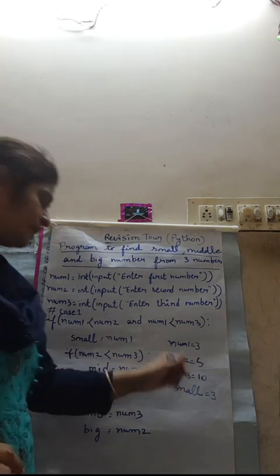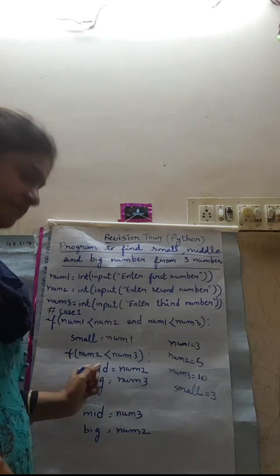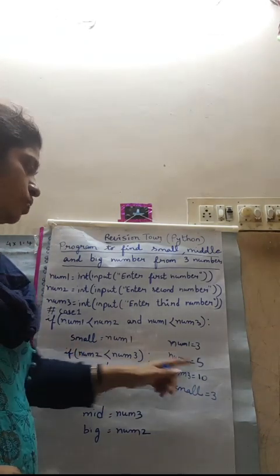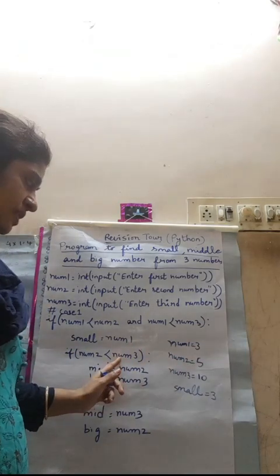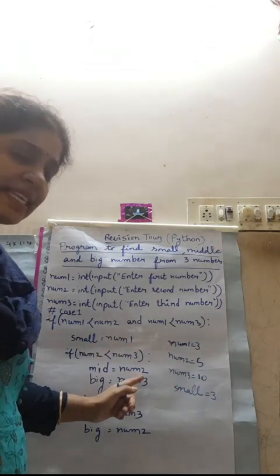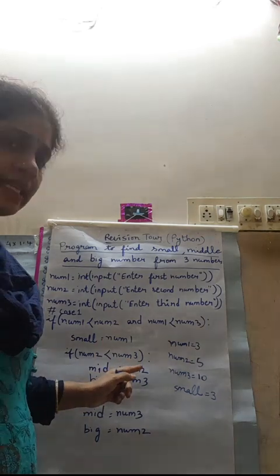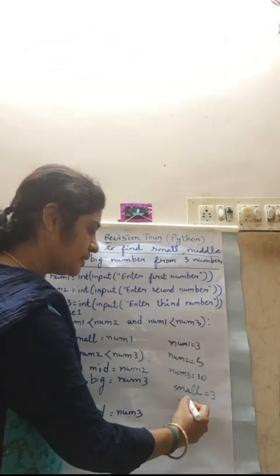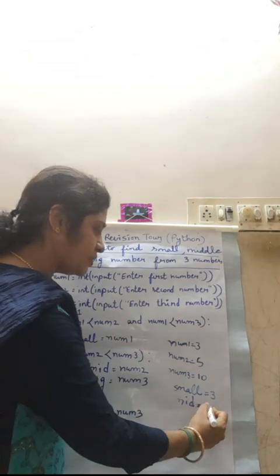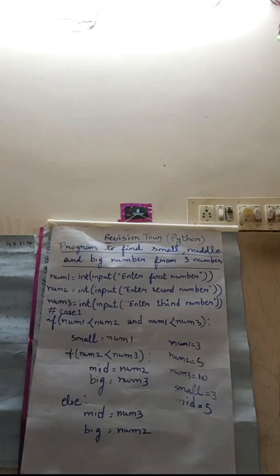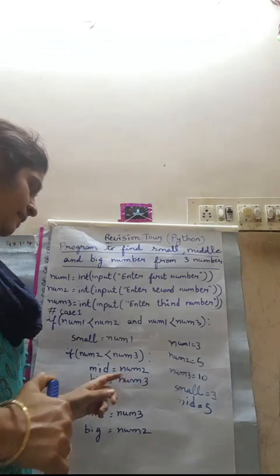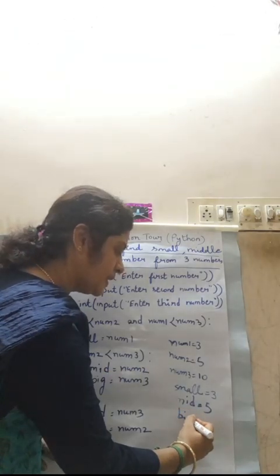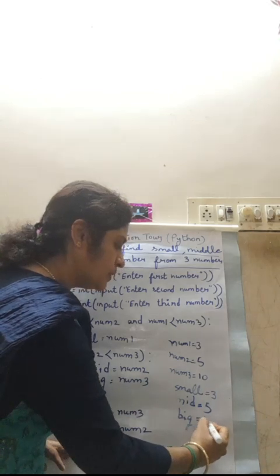Small will be set to 3, and then it will check next: number2, 5, is less than number3, 10. Yes, 5 is less than 10. So it will set mid equal to 5, and then it will set big equal to 10.